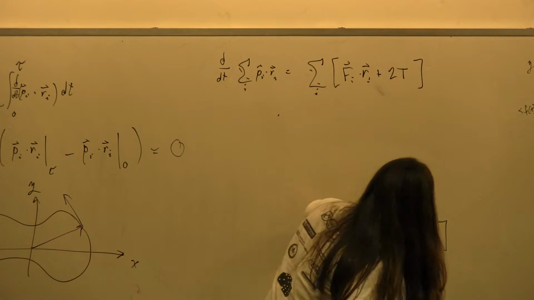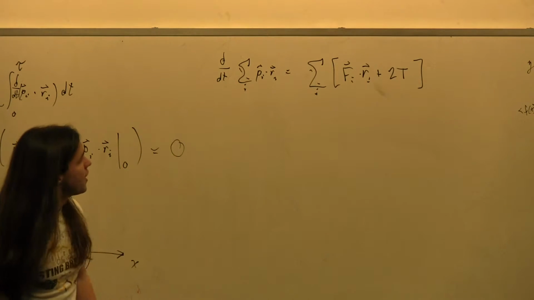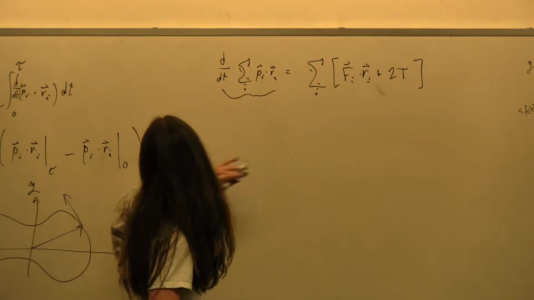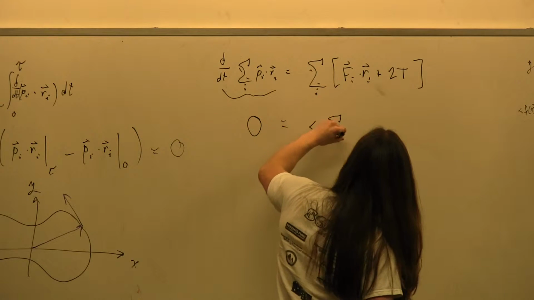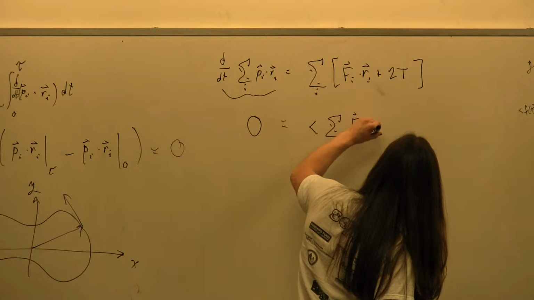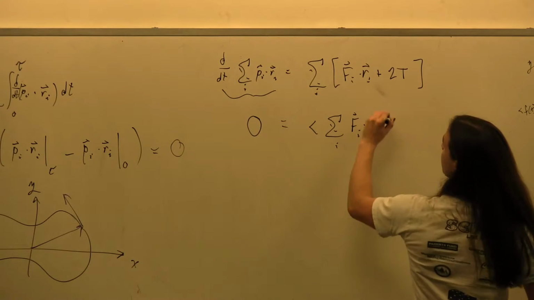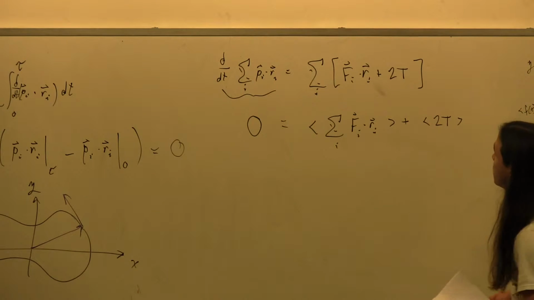Okay, so this is the thing that we had earlier derived, and if we take the average value of both sides, then the average value of the left side is what we just found to be 0, and this is going to be equal to the average value of the summation of the force dotted with the radius vector plus the average value of 2 times the kinetic energy.